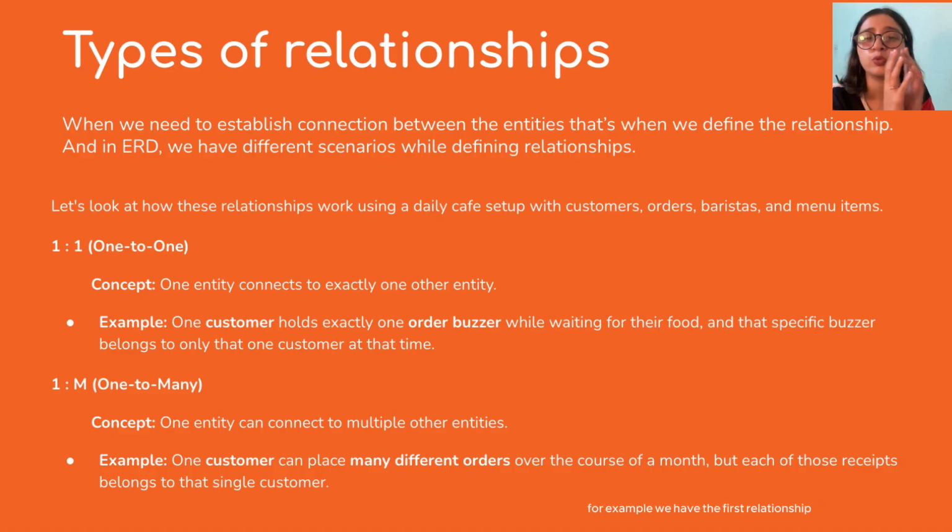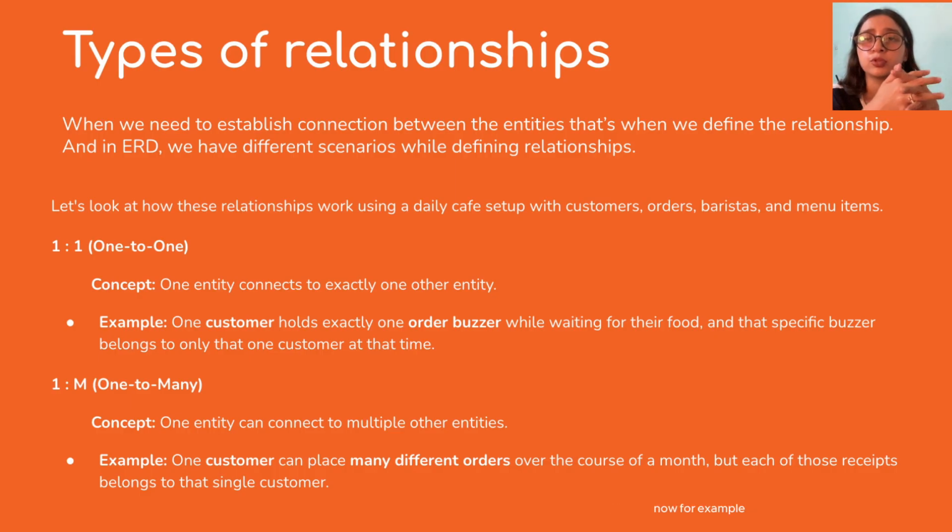For example, we have the first relationship, one-to-one. As the name suggests, one entity connects to exactly one other entity, like previously, person and cup. It was one-to-one. Now, second is one-to-many. This means one entity can connect to multiple other entities.